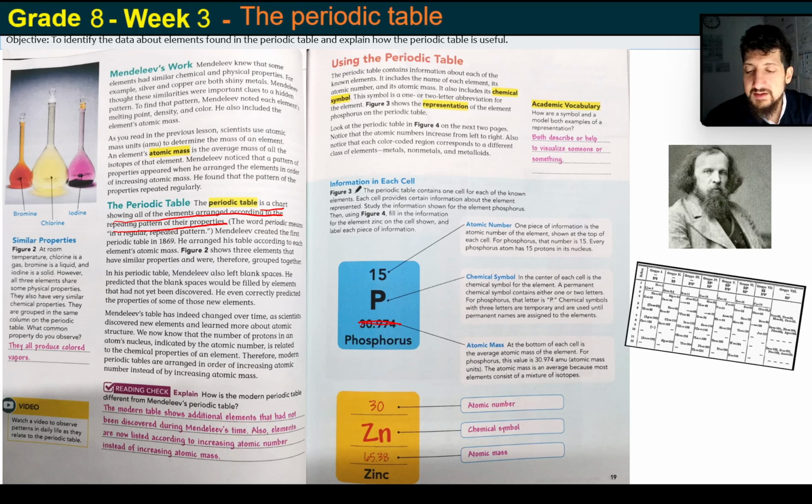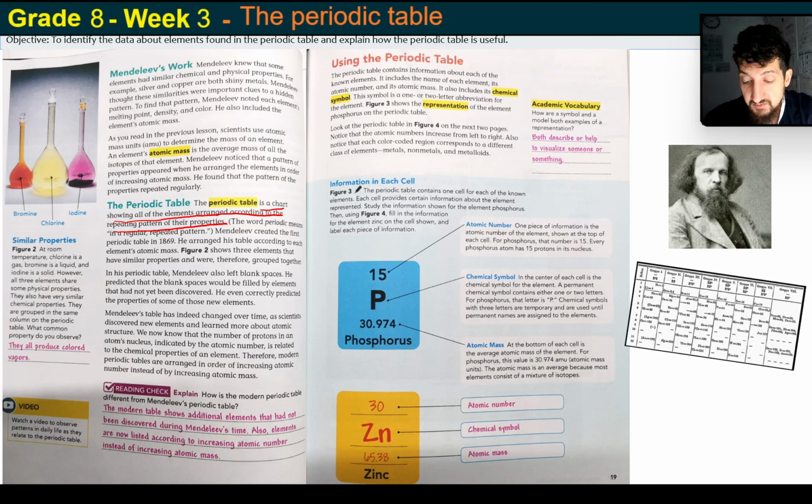What we have is the average, measured in atomic mass units, AMUs, because most elements consist of a mixture of isotopes. So it's hard to find an element in its pure form. Usually it's a mixture of one or two isotopes of the same element.